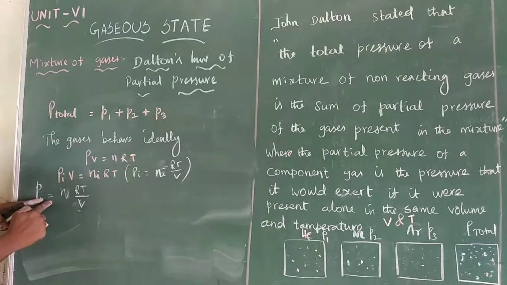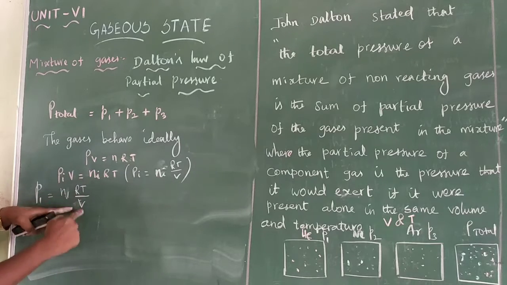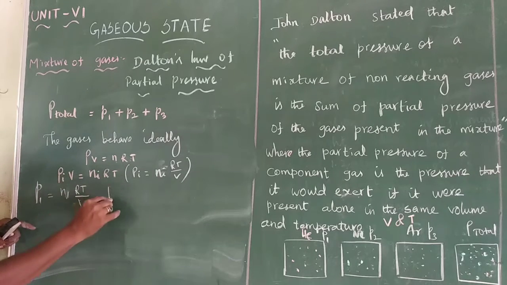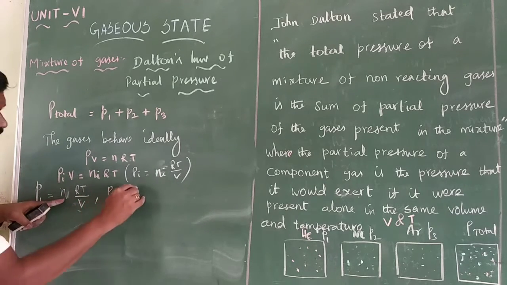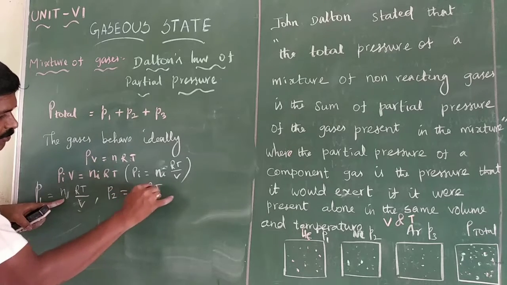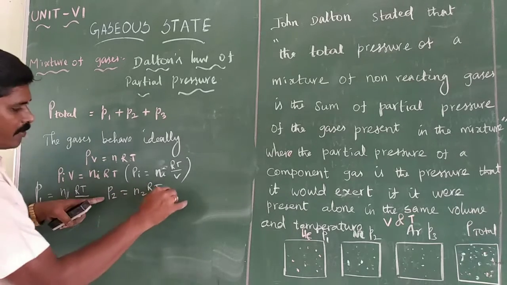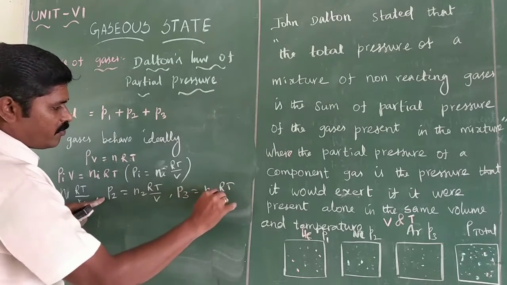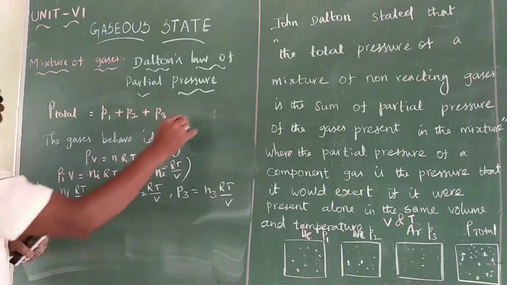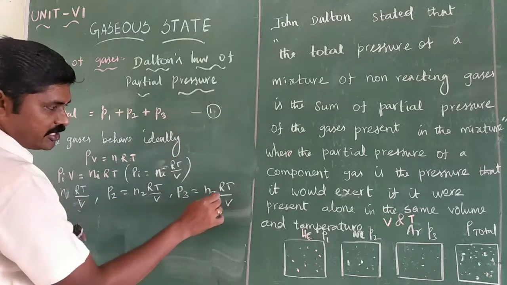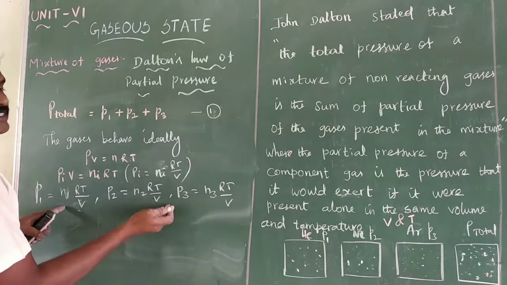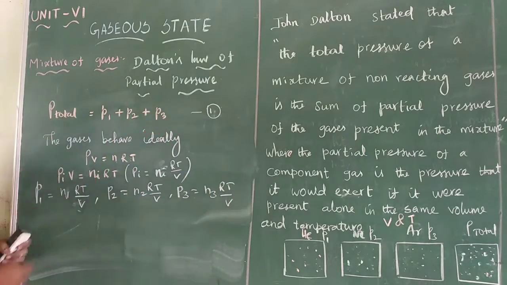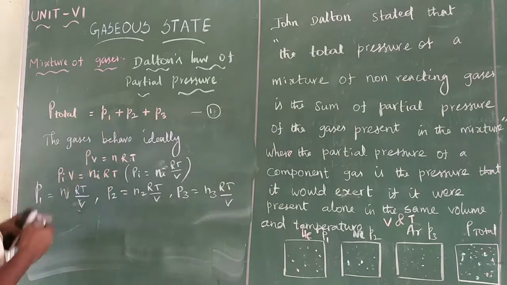So P1 is equal to n1 RT by V, P2 is equal to n2 RT by V, P3 is equal to n3 RT by V. So these values are substituted in equation 1.